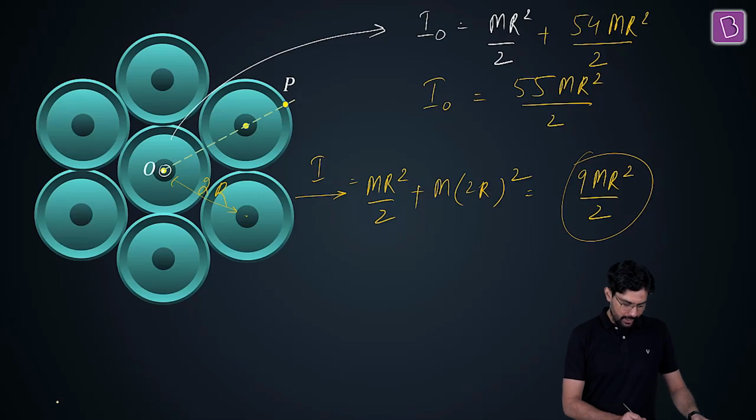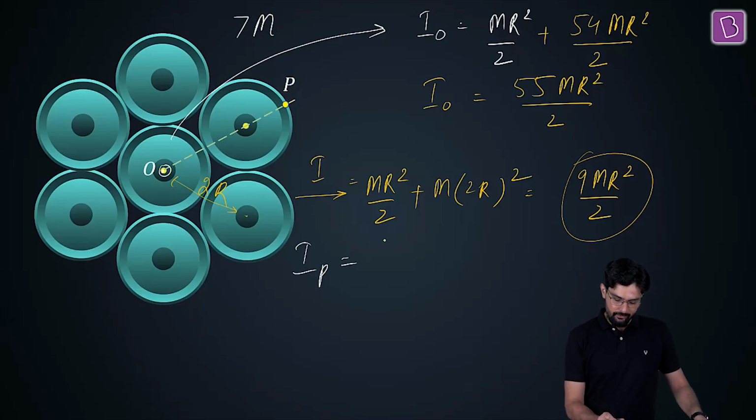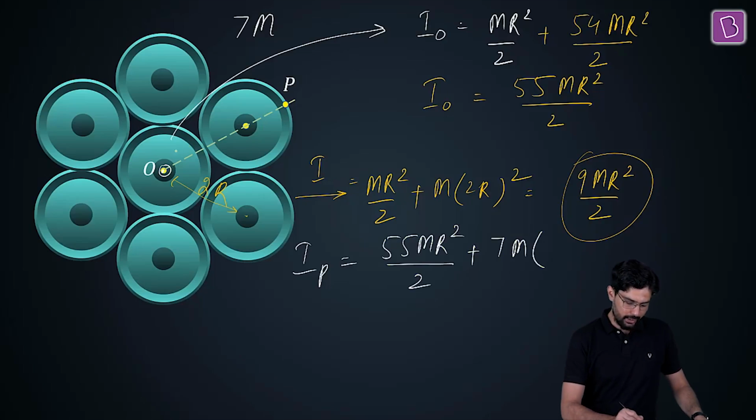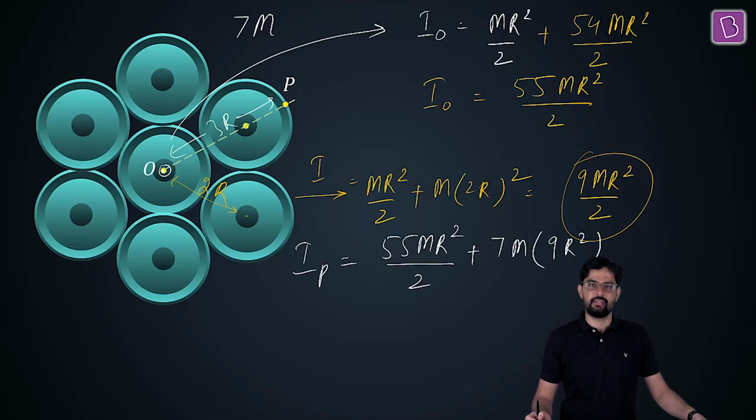And now we are going to apply the parallel axis theorem. So the total mass of the system is 7m. And to find out the moment of inertia about the axis perpendicular to the plane and passing through the point P, we can add IO, which is 55 mr square by 2, to 7m into, and can you see that this distance is 3r, so 9r square, right?